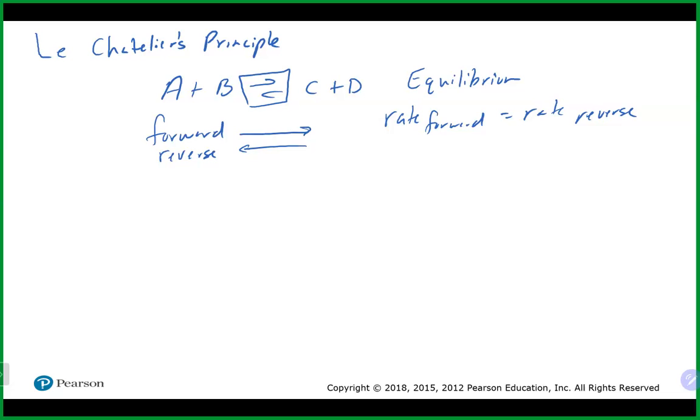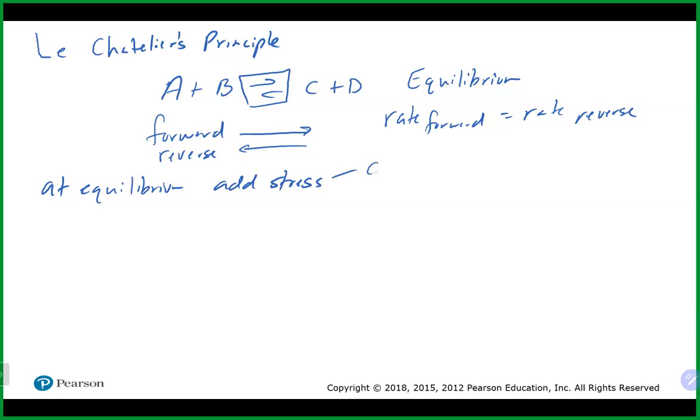So the idea of Le Chatelier's principle is this: you have a reaction that's at equilibrium, and then you do something to it that screws it up, so it's no longer going back and forth at the same rate. You have this system at equilibrium, and you add what is sometimes referred to as a stress to the system.